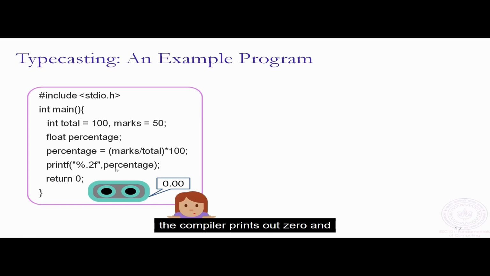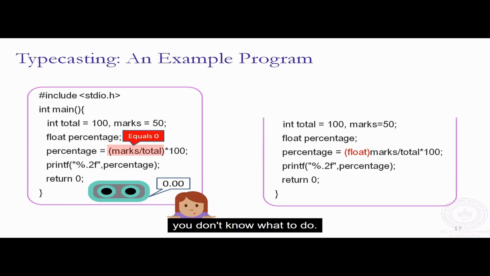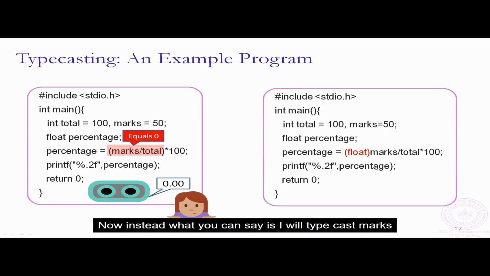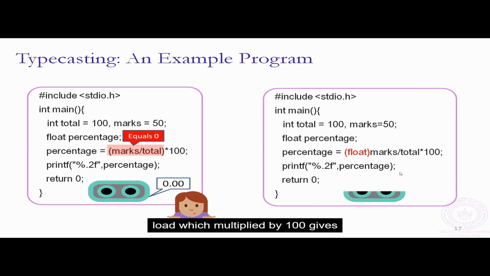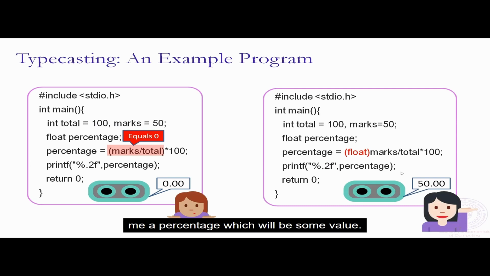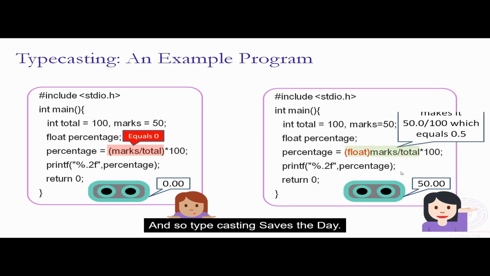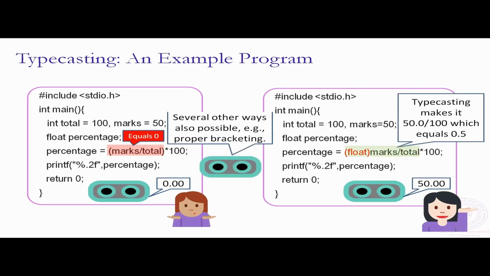And so the compiler prints out 0 and you don't know what to do. Now, instead, what you can say is, I will typecast marks such that I will get the float version of marks in this expression. So that float divided by int gives me float, which multiplied by 100 gives me a percentage, which will be some value. And so typecasting saves the day.